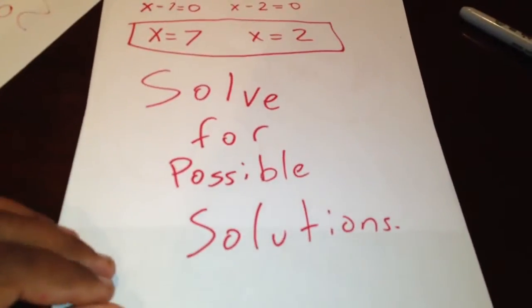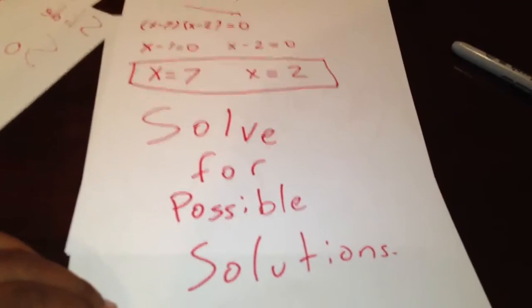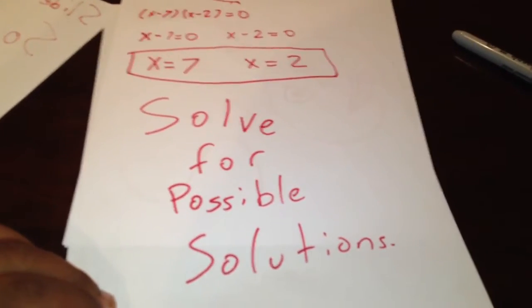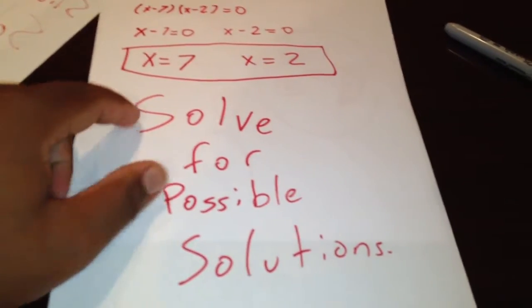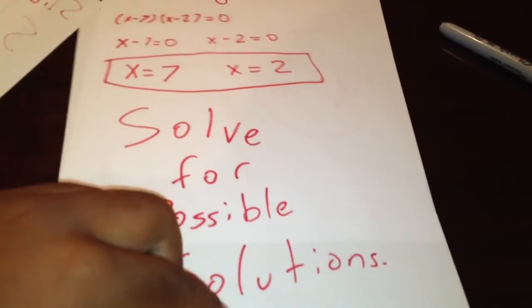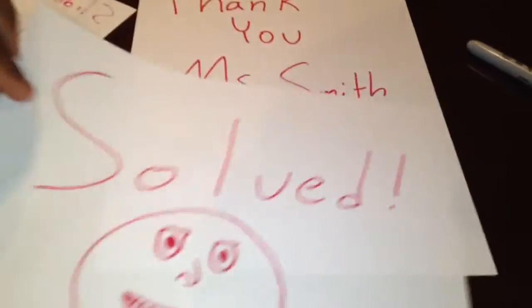Now, next section is to set your binomials equal to 0 and solve for the possible solutions, which will give you x equals 2 and x equals 7. Now this problem is solved.